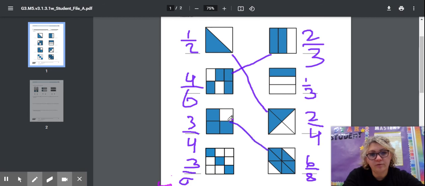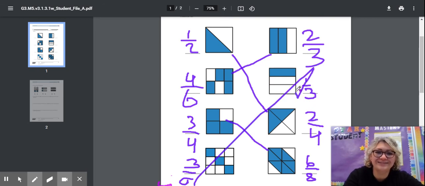So they would be equivalent. Then let's look at 1/3 and 3/9. 3 times 1 is 3. 3 times 3 is 9. So 3/9 and 1/3 are equivalent.